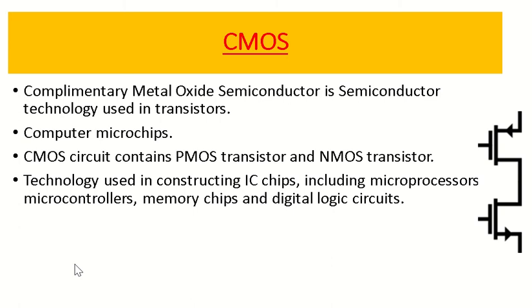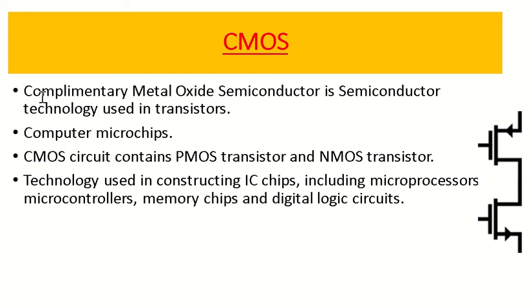CMOS is more often referred to as a technology rather than a type of transistor. We can say it's again a type of transistor or type of MOSFET, but most probably it is understood as a technology. So this is the major thing.